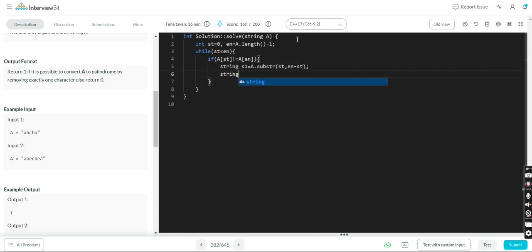And the second substring s2 will be a substring that starts from st plus 1, and the length again will be en minus st. In this substring we have removed one character from the beginning.